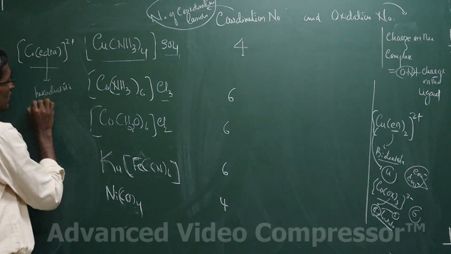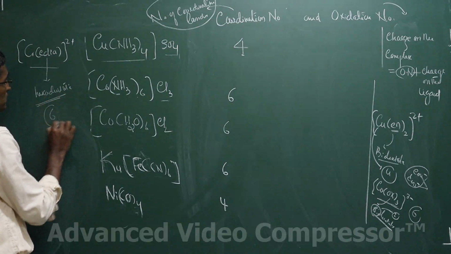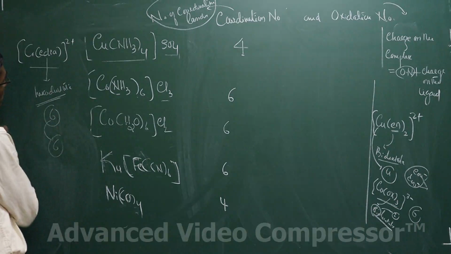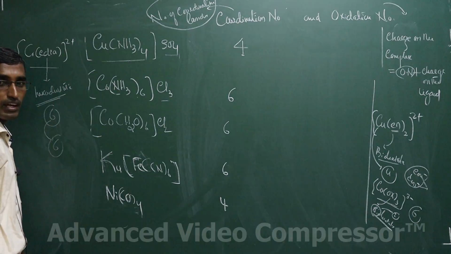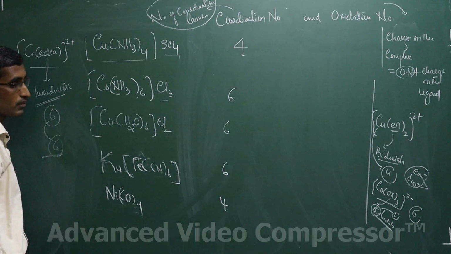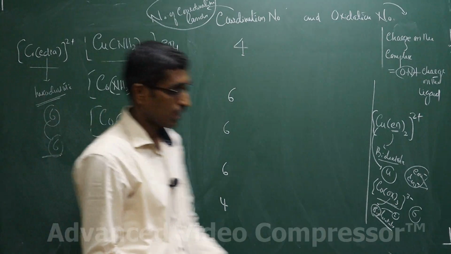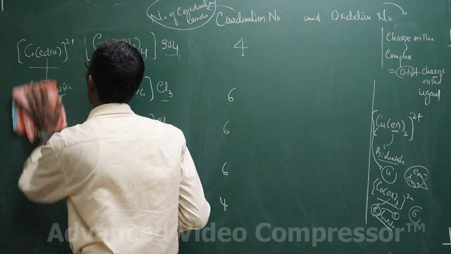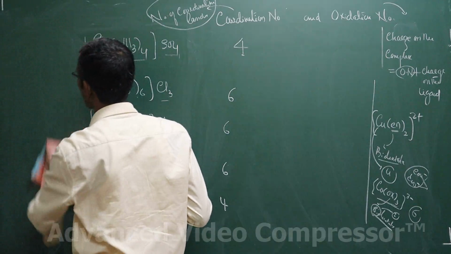That means a ligand will make 6 coordination bonds. One ligand we have, so there are 6 coordination bonds between the chromium and the EDTA, or in other words the coordination number of this is 6. Clear? So this is how we can calculate the coordination number of the complex ion or the coordination complex.